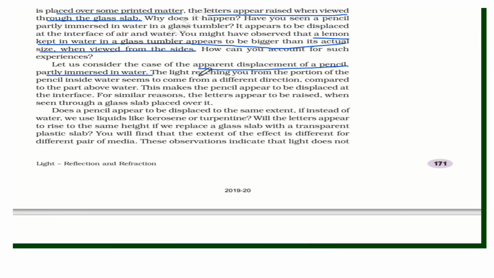The light reaching you from the portion of the pencil inside water seems to come from a different direction compared to the part above water. This makes the pencil appear displaced at the interface. Similarly, the letter appears to be raised when seen through the glass slab placed over it. All these phenomena occur due to refraction of light.